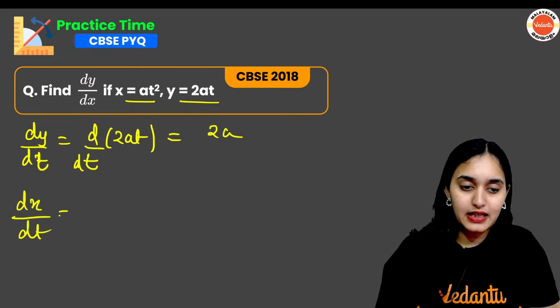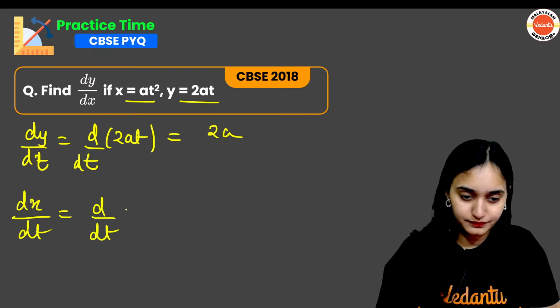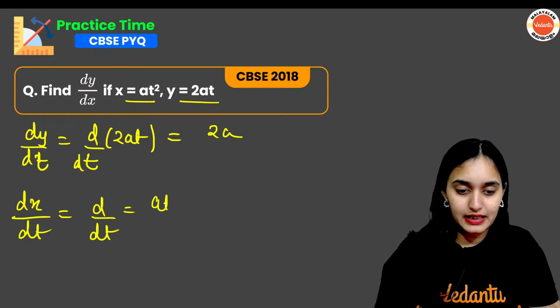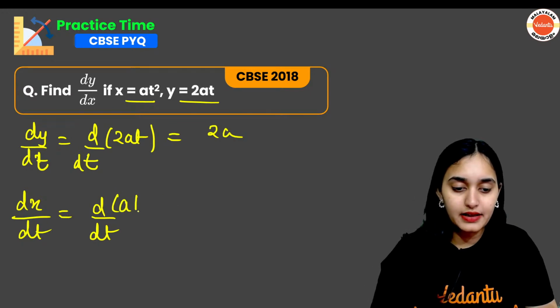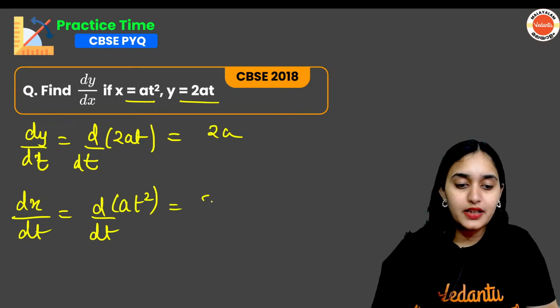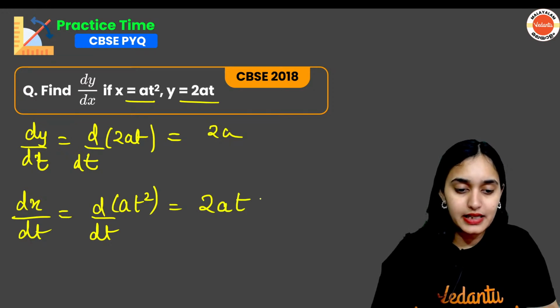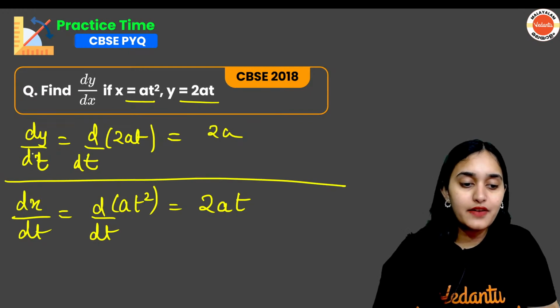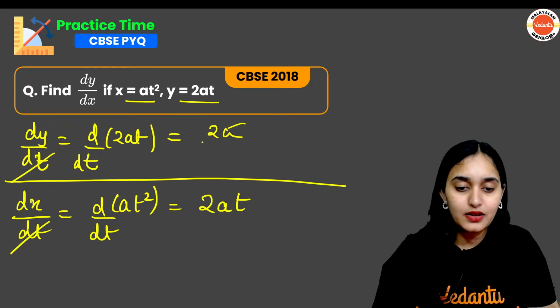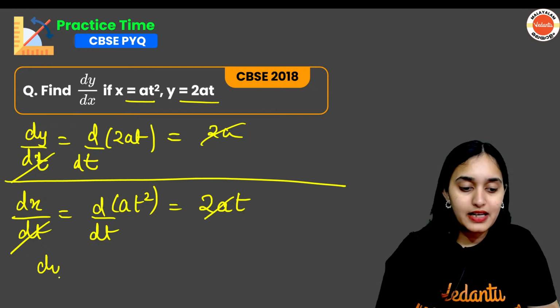Dx by dt is differentiation of at square. It will be 2at, right? Now divide it. When you divide it, dt cancels, 2a cancels. Dy by dx is basically 1 upon t.